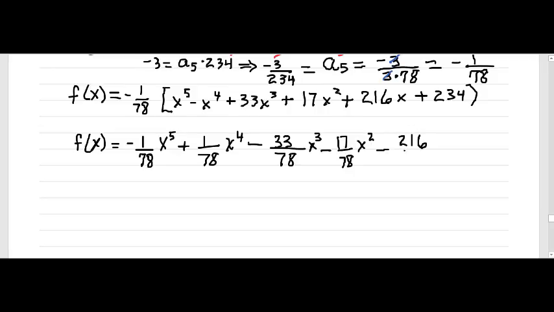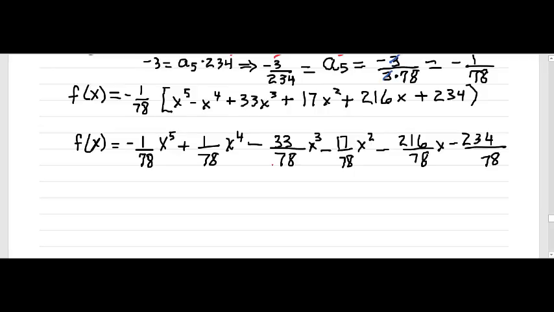216 over 78 x minus 234 over 78. Okay, and I'm going to simplify any coefficient that can be simplified.